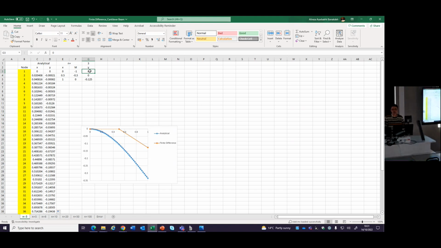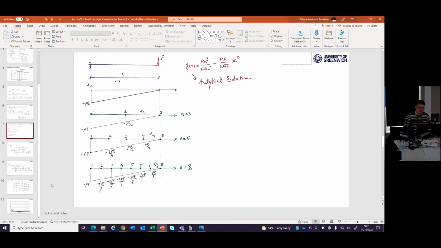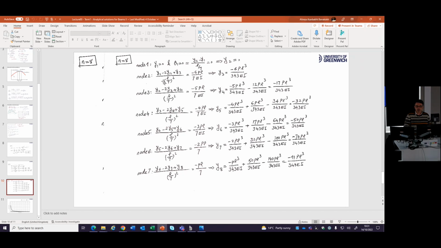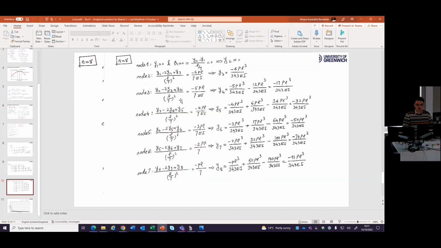And why? I'm just trying to write this formula, for example, this formula there. For the y, the first one is 0, the second one is 0. It's always the case. And the third one, you need to just follow this instruction.